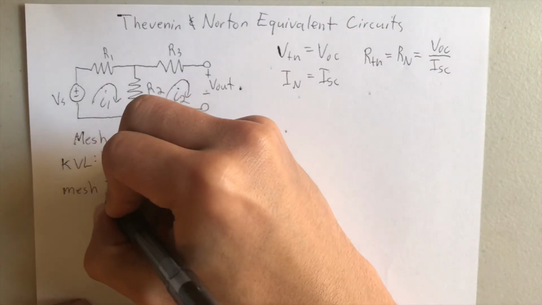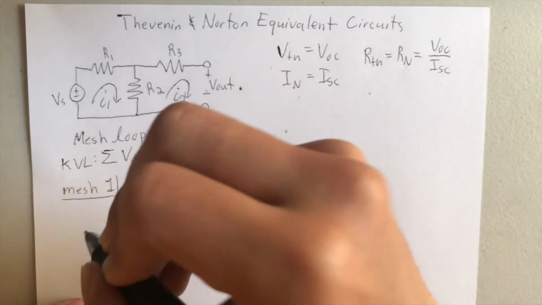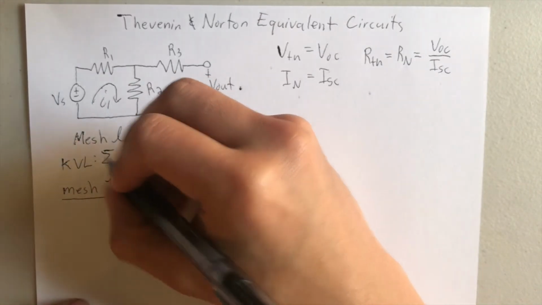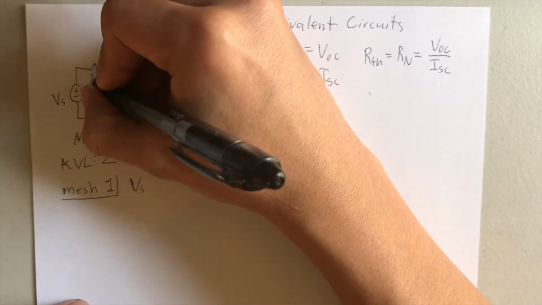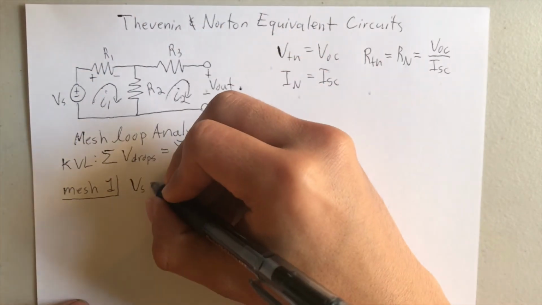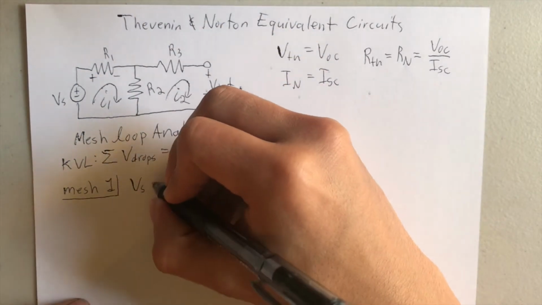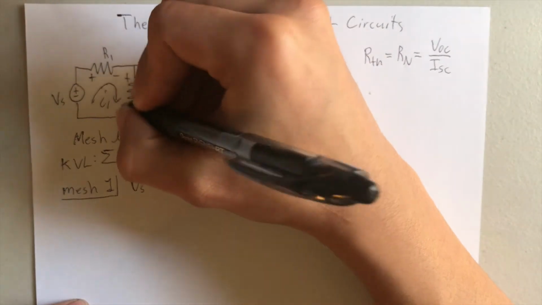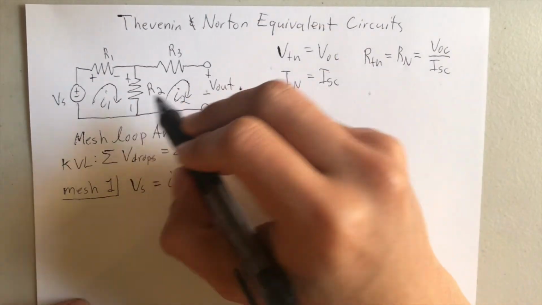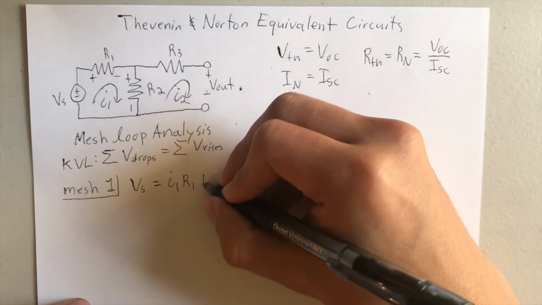So we apply this KVL into our first loop, and we have a voltage rise from the voltage source and a voltage drop from across R1 and a voltage drop across R2 of this current minus this current.